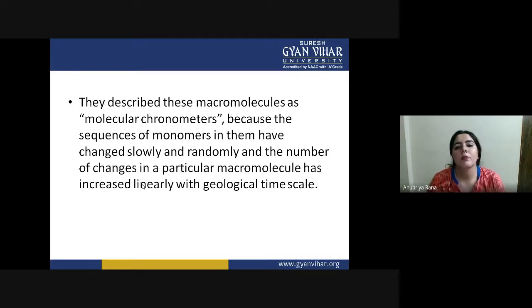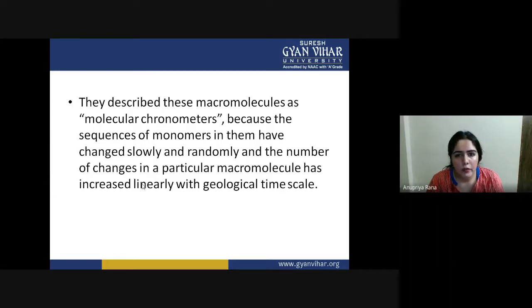They describe these macromolecules as molecular chronometers, because the sequence of monomers in them changes slowly and randomly, and the number of changes in particular macromolecules has increased linearly with the geological time scale. The same thing I just explained: the macromolecule composition inside a cell can change over a geological time scale.